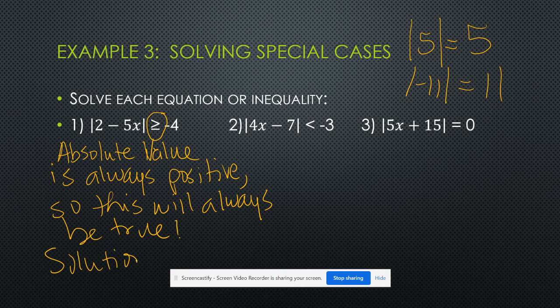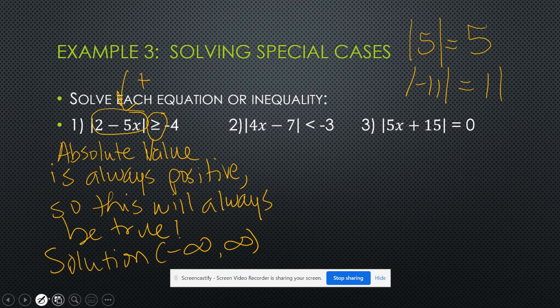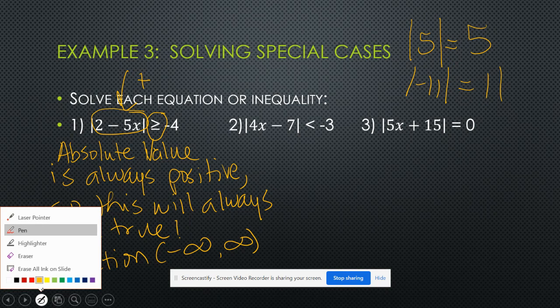That makes our solution negative infinity to infinity. Again, absolute value here will always be a positive number, and a positive number will always be bigger than a negative value. So that's always true, and our solution is negative infinity to infinity.